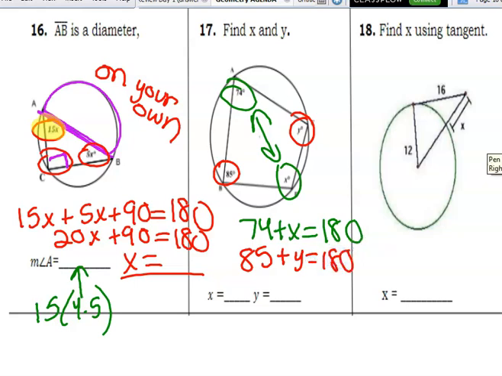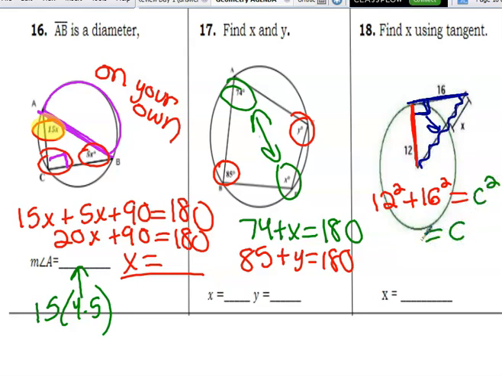Here's another tangent question. So again, here's my 90-degree angle because this tangent and this radius make a perpendicular. So I've got 12 squared plus 16 squared, and it's across from the hypotenuse. So I've got to find this whole thing first. Okay, so first find out what c is, and you get 20 is the whole thing.